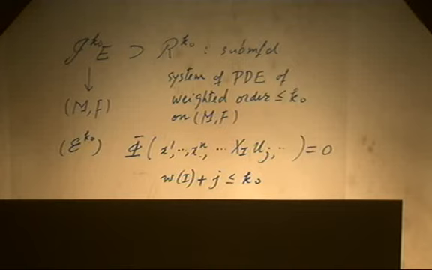Any differential equation on a filtered manifold can be regarded as a submanifold. Locally this can be written as the zero point of these equations. Here x_i u_j is of order less than k0, and phi is some vector valued function. So that is the most general system of differential equations on a filtered manifold.